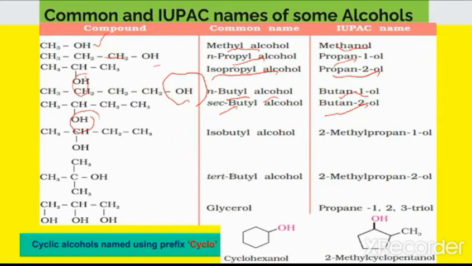In case of this compound, we can also write, if suppose one more, the structure which is wrong, CH3, CH3 C, CH3 CH3OH, it would be isobutyl alcohol as the common name, and the IUPAC name would be 2-methylpropan-2-ol.